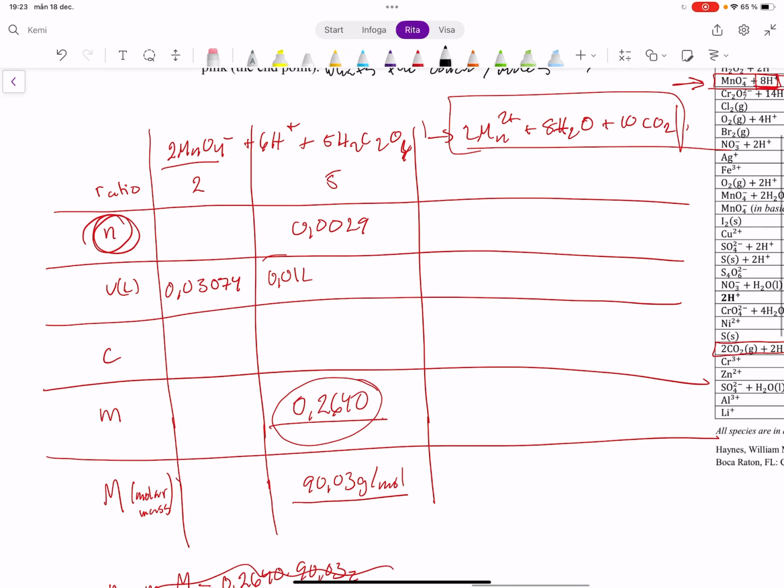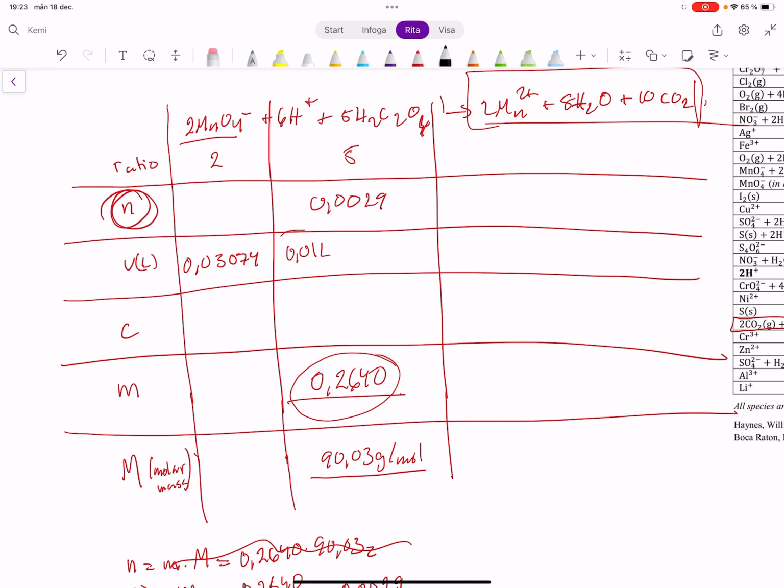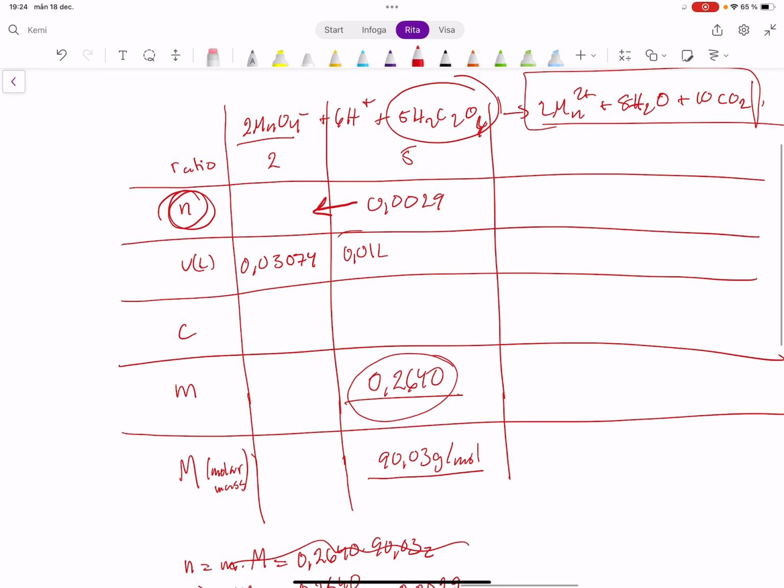Basically you have your table, and you look at what you have and what you don't have. You have the amount of moles of oxalic acid. That means you can calculate the amount of moles for potassium permanganate. And since you have a 2:5 ratio, you just have to use the ratio of 2:5 to calculate this one.